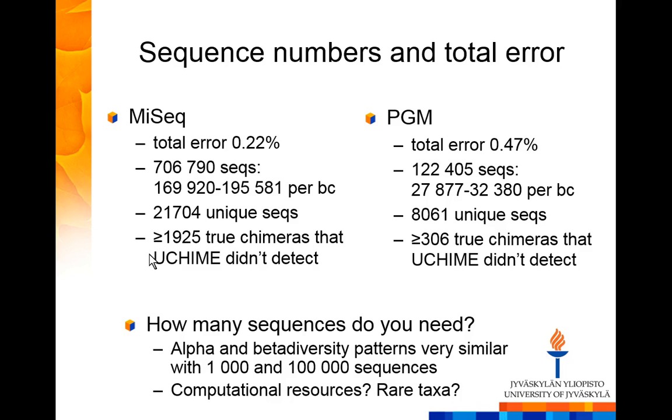Another question is what are your computational resources? If you don't have an in-house supercluster, by the way, what we do is we use the PGM server, because the sequencing machine comes with a 10,000 euro computer, and when it's not doing sequencing, it's a very nice cluster with an Ubuntu or Linux operating system.